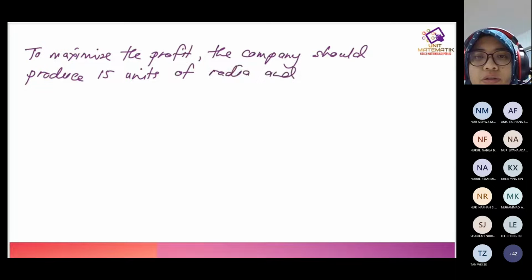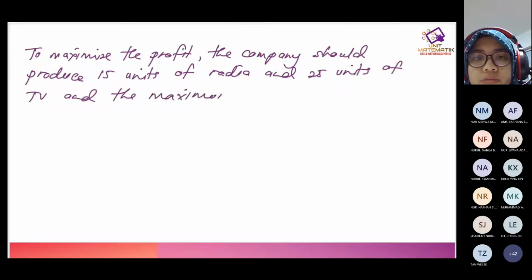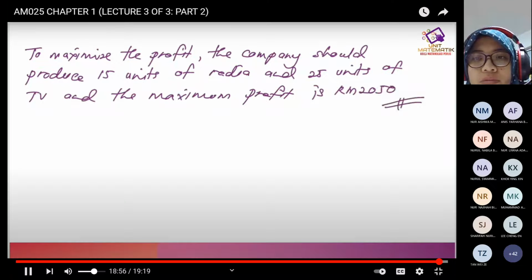And 25 units of TV. And the maximum profit is 2050 ringgit. Okay, that's all.